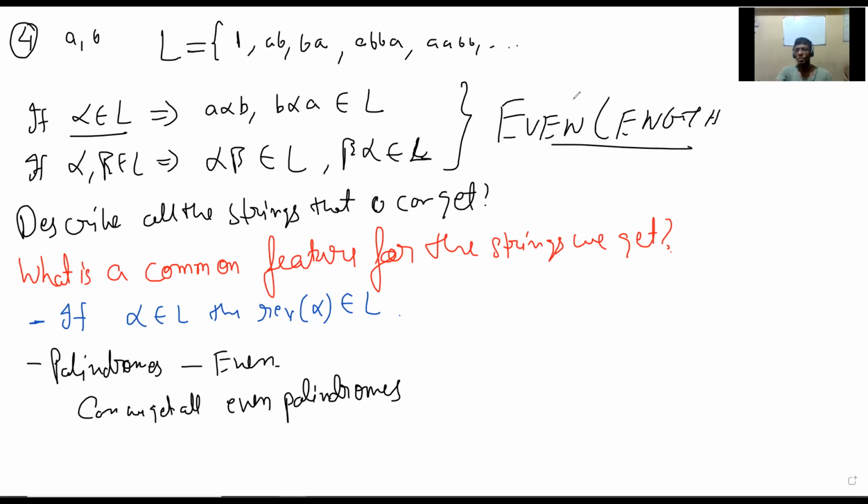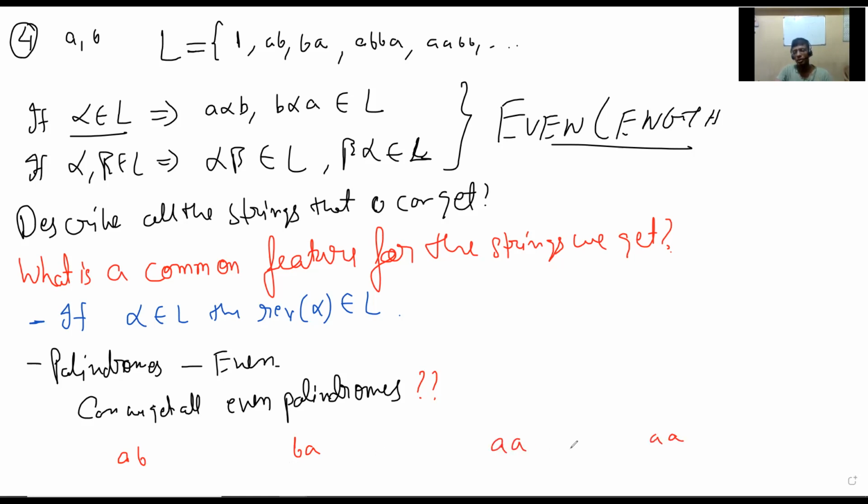Now my question is a simpler one. Prove that you can get all even palindromes. So can you get all even palindromes? You're right, if your palindrome starts with AB, it should end with BA. But a palindrome doesn't need to be like that.